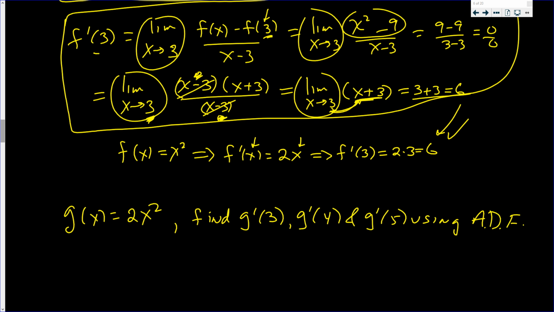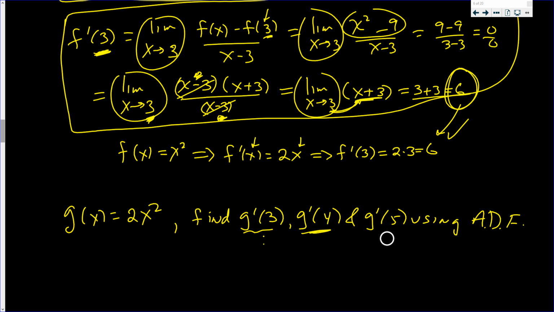When you plugged in 3 into the alternate derivative formula, you got back a number. So if you do the same thing for g prime of 3, you'd get back, I'm pretty sure, 12. But then you're going to have to use the formula all over again to get back 8. Well, that makes no sense. Oh, 16. And then I guess you'll get back 20. So you don't want to use this long formula 3 different times.